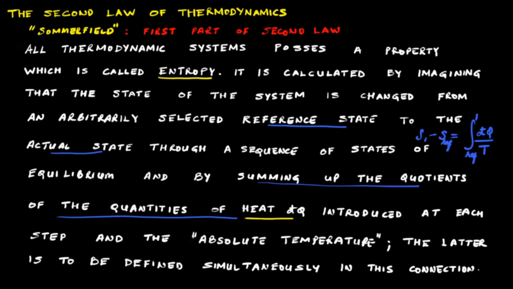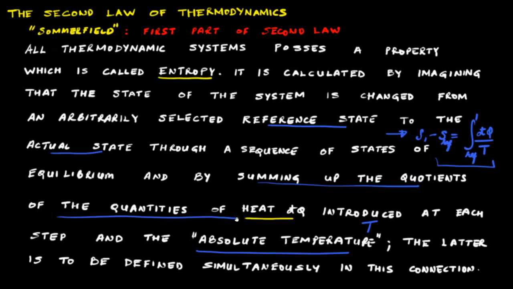But to arrive at this definition, we also first need to define what we mean by this absolute temperature, which we'll denote by capital T. So this we'll have to define in the process of arriving at this particular equation.